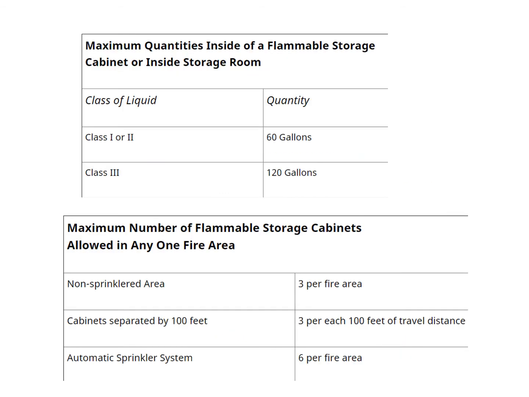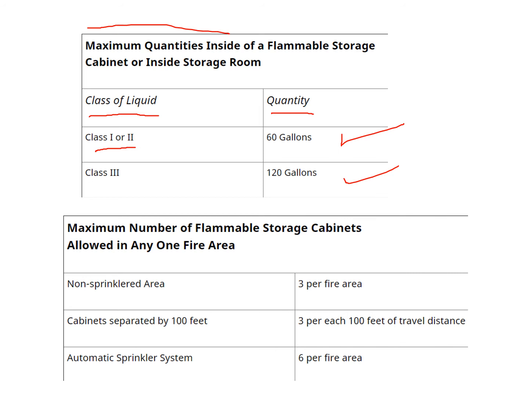If we are talking about maximum quantities inside the flammable storage cabinets, then of course we have to make storage according to the class and its quantity. For example, class 1 or class 2 liquids can only be stored up to 60 gallons, and class 3 only 120 gallons.